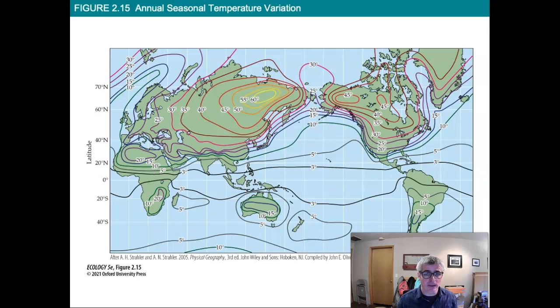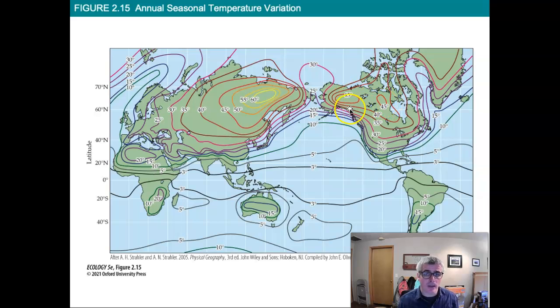This is annual seasonal temperature variation. So this is the difference between the max and the min, and you can see in lower latitudes, the equatorial system is quite low. But if we look across this area, you can see massive temperature variations because there's very little oceanographic influence. Same here and here.